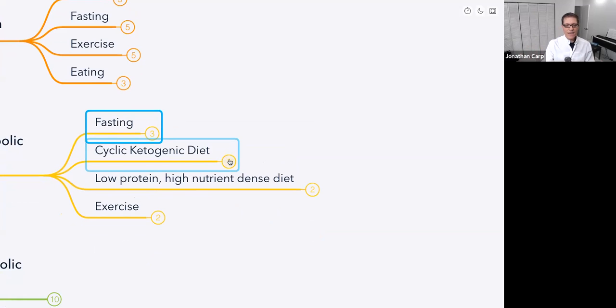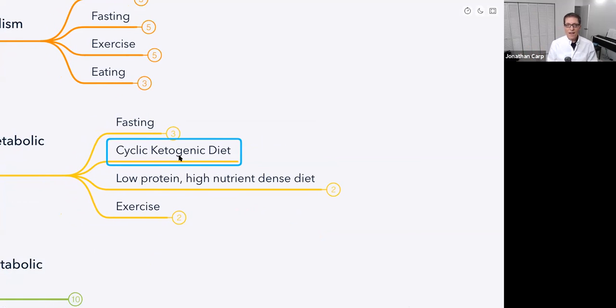Next is the cyclic ketogenic diet. The reason that I put that in here is because what can happen with the ketogenic diet is that when you're on it for a very, very long time, if you're just in ketosis forever, and you challenge your body with a lot of carbs kicking you out of ketosis, if your body hasn't switched to going back and forth between burning sugar and burning fat, it's not uncommon for people to have blood sugar that spikes.